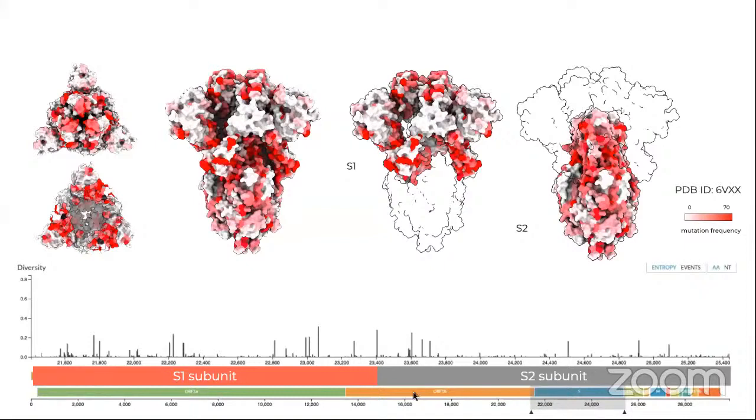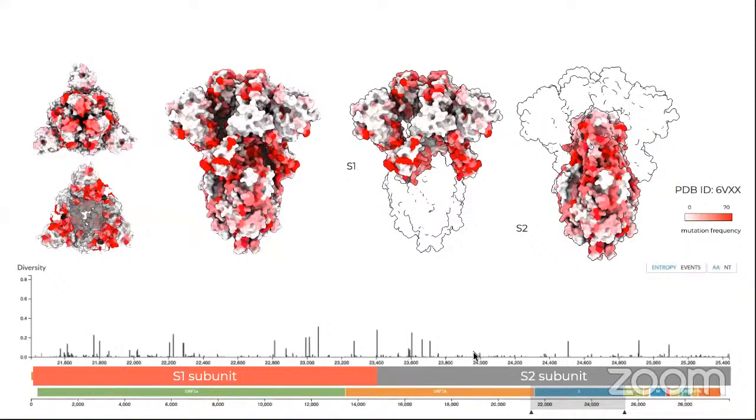You can see here, this is the spike protein. It's about 21,600 to about 25,400. That's the length of this gene. And here you can see the S1 subunit and the S2 subunit. It's fairly clear that the S1 subunit has many more mutations that we can observe right here.